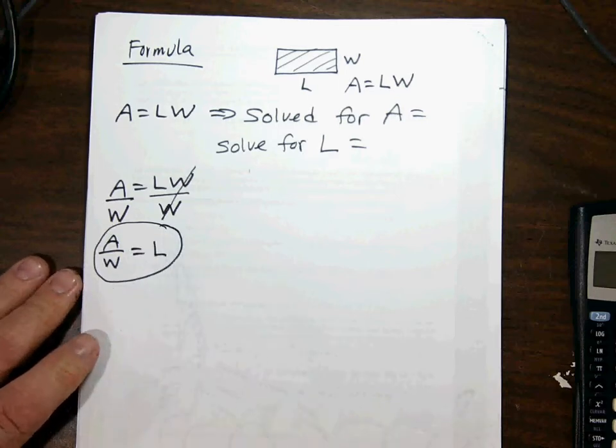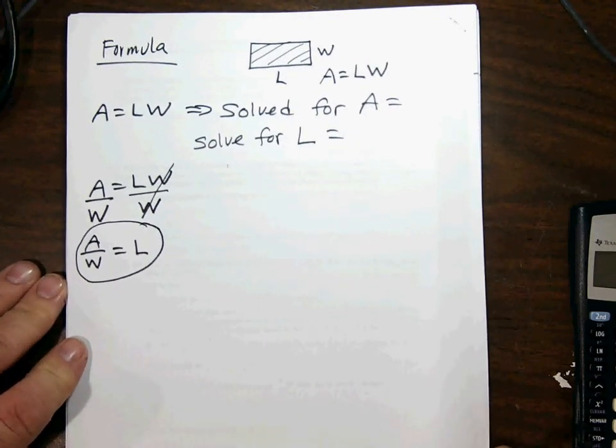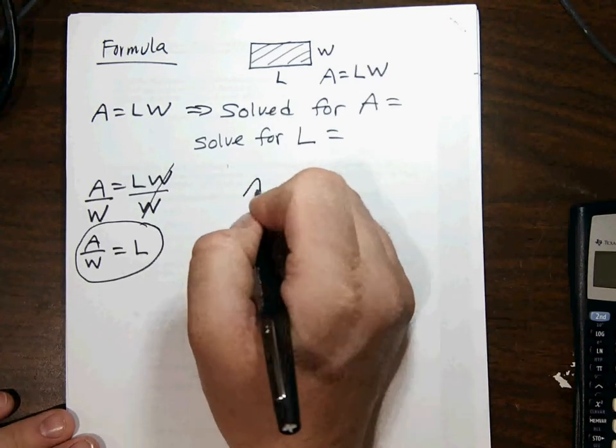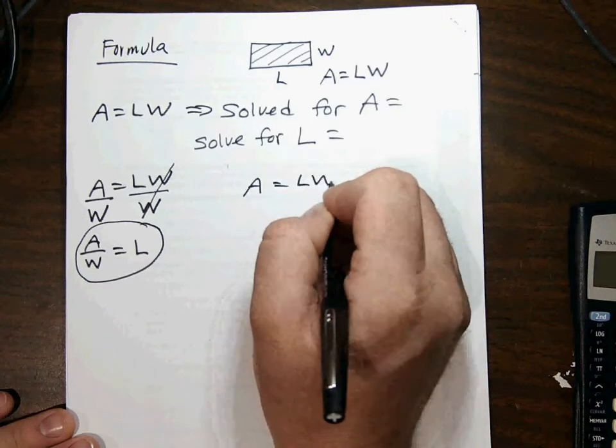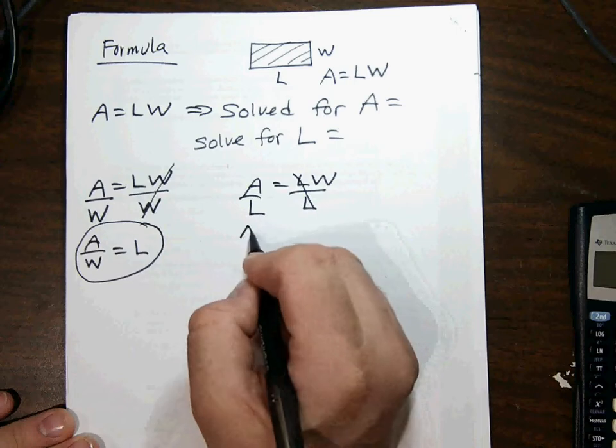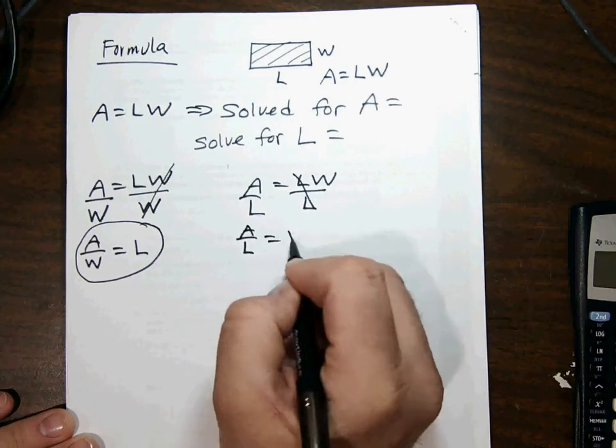Okay, so this formula stuff we're going to talk about, we're just basically going to take established formulas and shuffle them around and solve for a different letter other than the letter it's already solved for. Okay, so we solved for L there. Of course, we could just as easily solve for W by dividing L out, right? We can get A over L equals W.